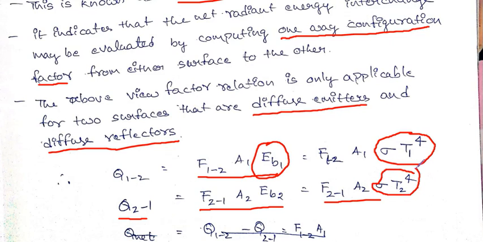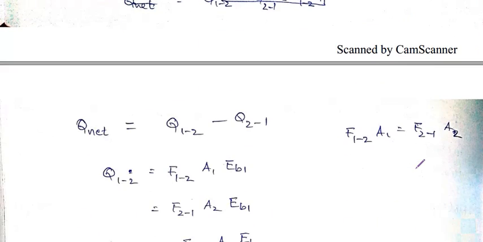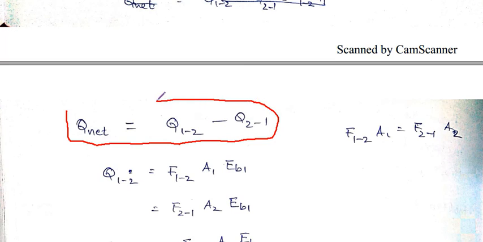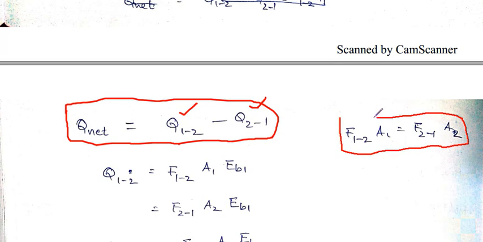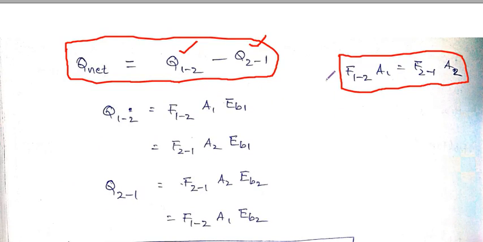The net radiation energy exchange is the difference between the radiation energies from 1 to 2 and 2 to 1. We use the reciprocity relation for finding it.